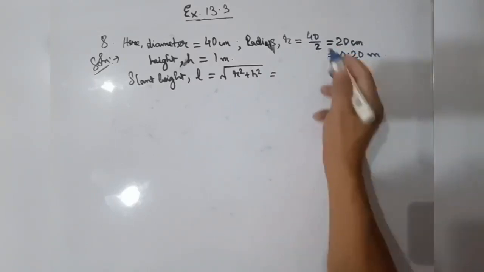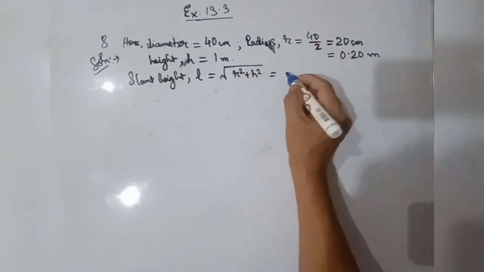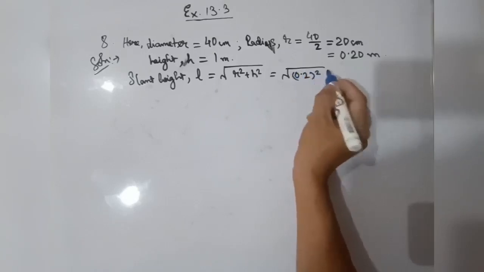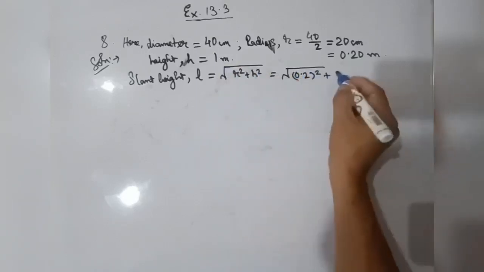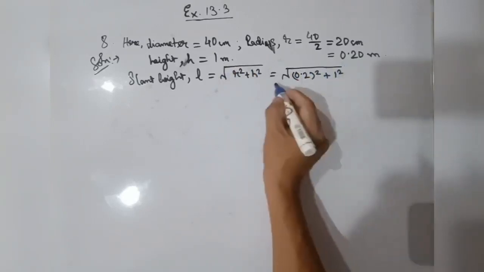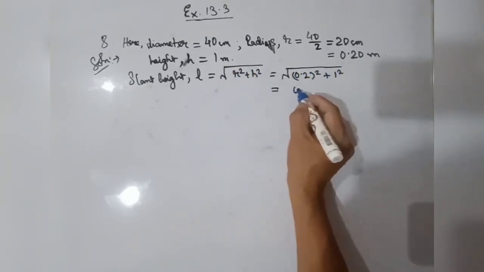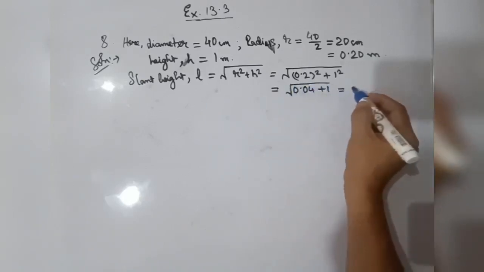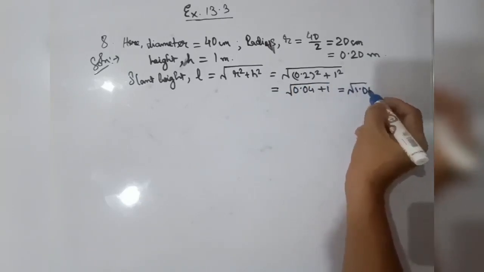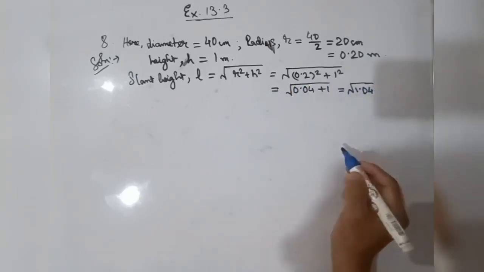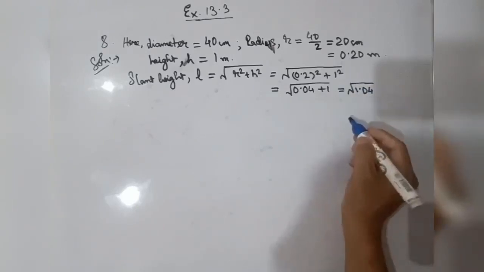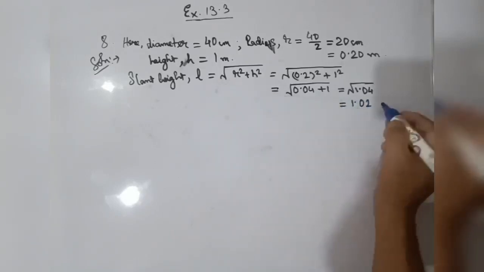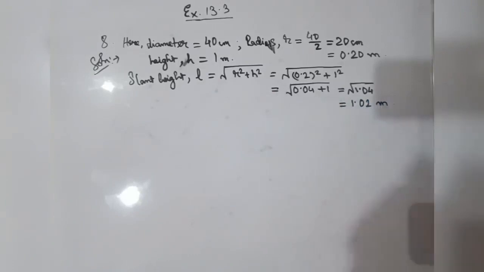Substituting the value of R and H, we will get under root 0.2 square plus 1 square. This will be equal to under root 0.04 plus 1, which is equal to under root 1.04. In the question, it is mentioned that we are to use the value of under root 1.04 as 1.02. So the slant height will be equal to 1.02 meter.